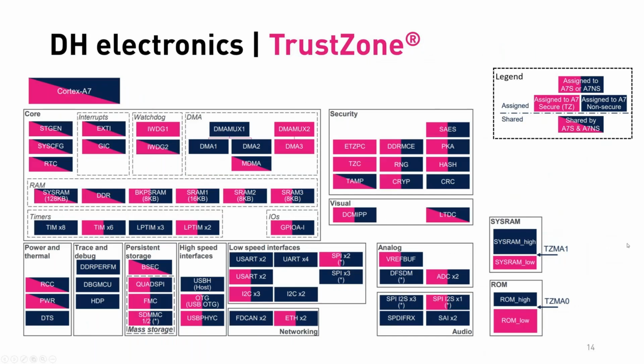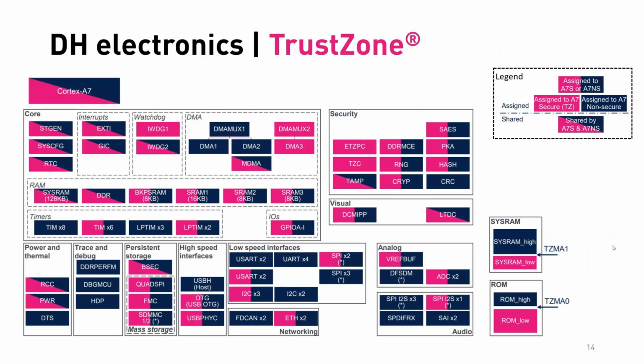So this slide shows the TrustZone extension to secure peripherals. This means you see the blue and magenta boxes, and sometimes the box is blue, sometimes the box is magenta, or sometimes the box is mixed.